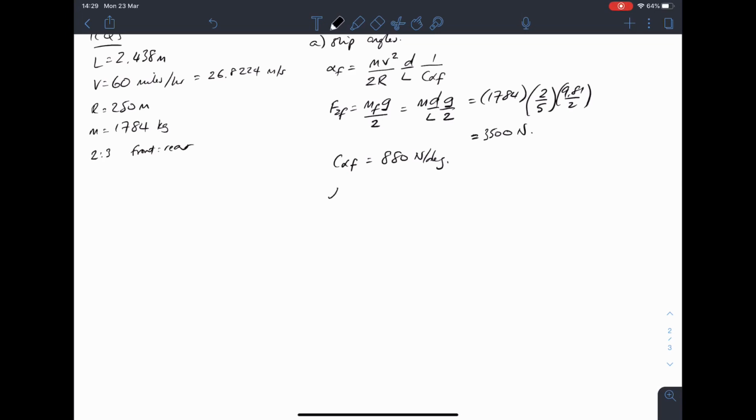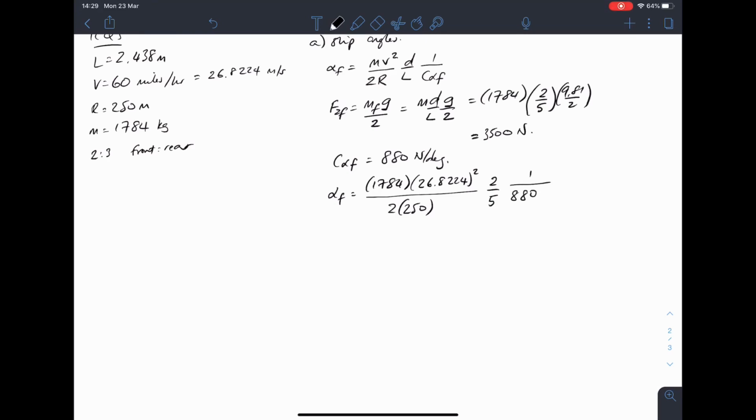Okay, so alpha F: 1784 times 26.8224 squared, divided by 2r, times 2 over 5, times 1 divided by 880.